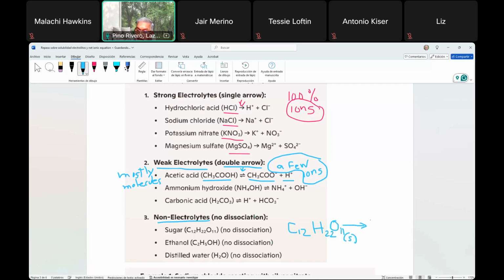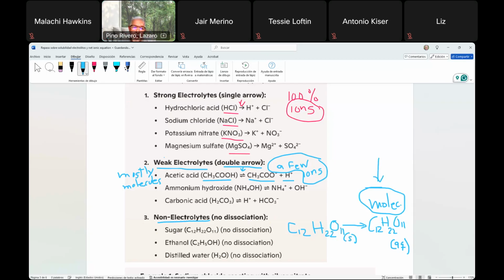We dissolve it, and then we represent the same substance in aqueous solution, AQ, but in form of the molecules. And molecules don't conduct electricity. That's why they don't conduct electricity, because in solution they are in the molecular form. No ions. Got it?